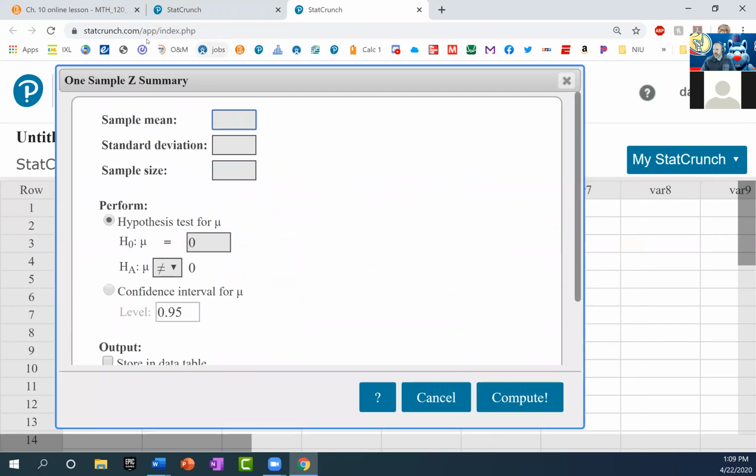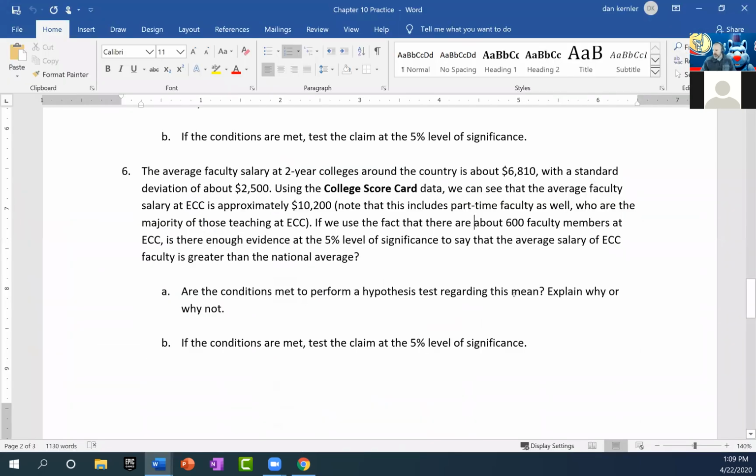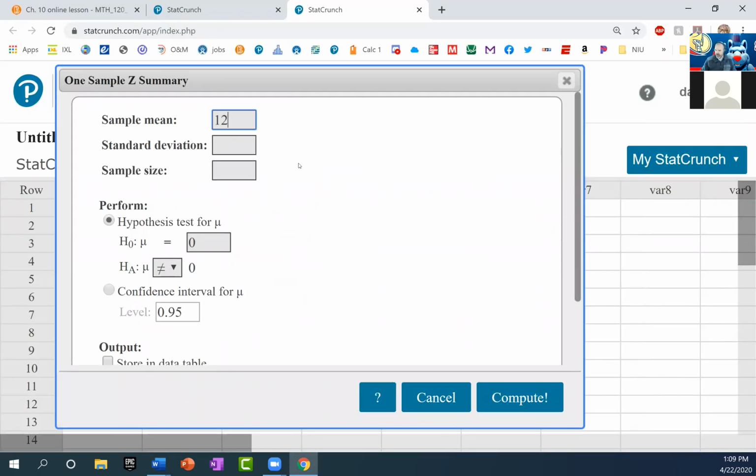And we have our sample mean is given to us, 10,200. And I put a note there that seems like a really small salary, and that's because the majority of our faculty actually teach part-time.